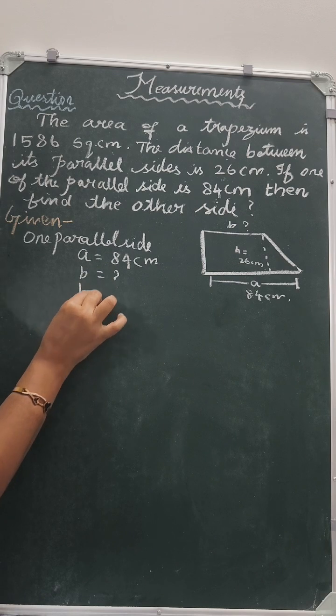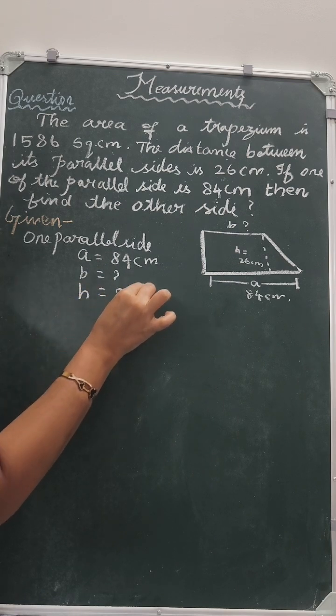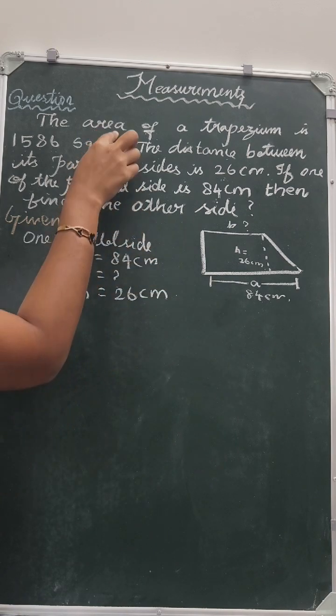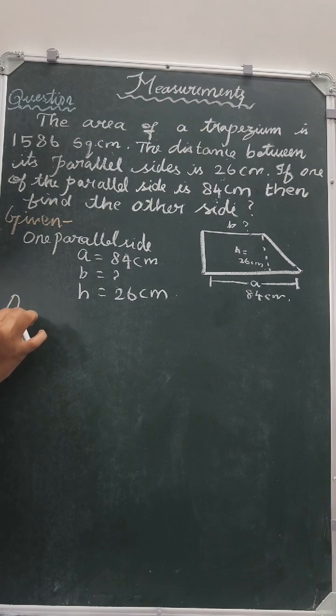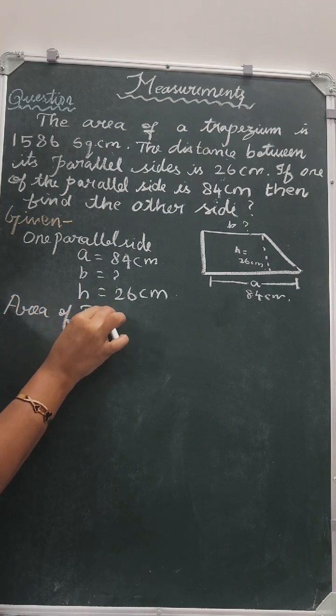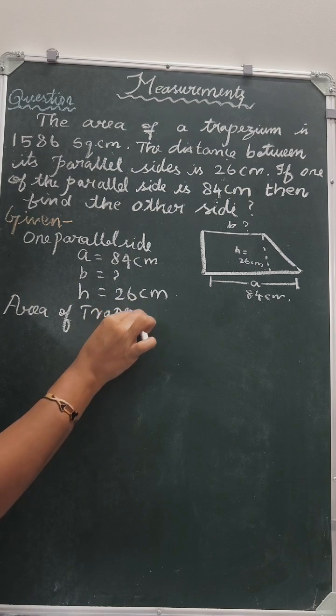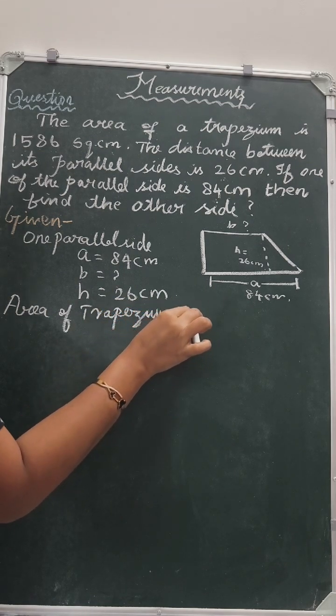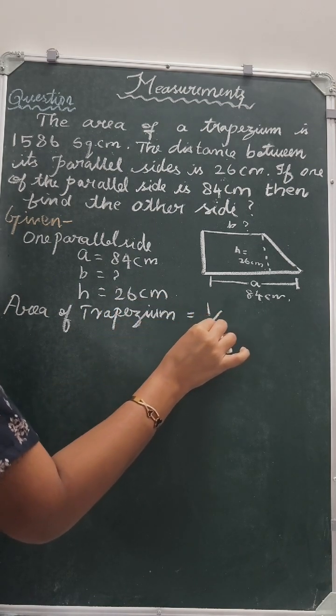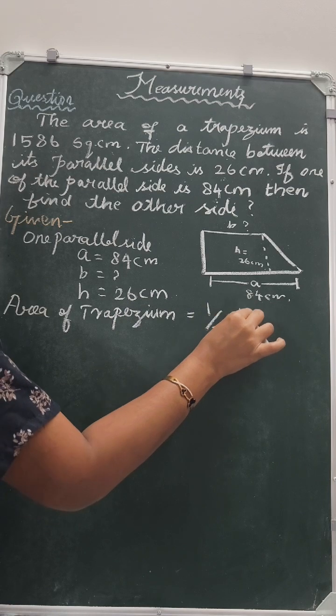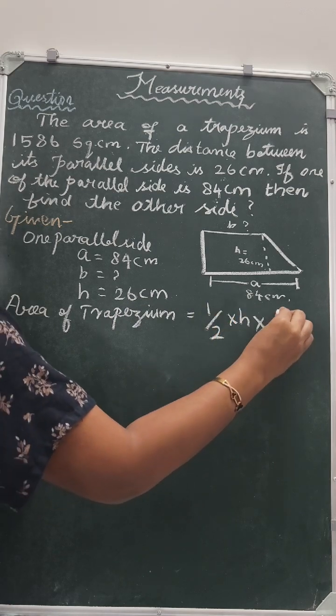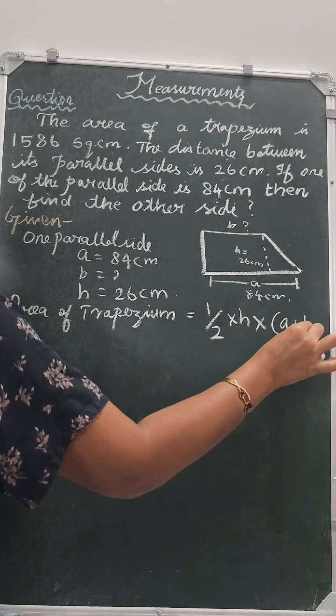Then height is equal to 26 centimeter. And area of trapezium is equal to what? We know the formula, right? Half into height into (A plus B) square unit.